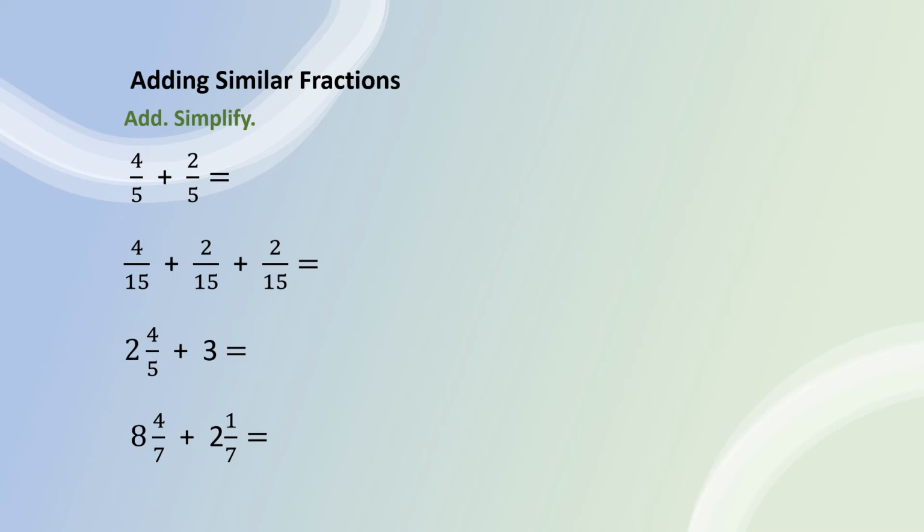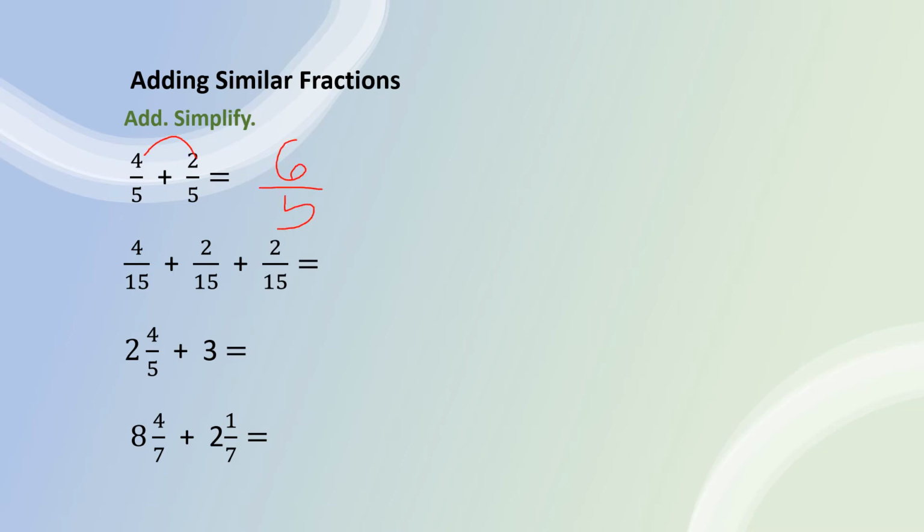Now, let us answer the following with just adding the numerators, copying the denominator, and simplifying if necessary. So let's start with example 1. The rule is to add the numerators. So 4 plus 2 is 6.